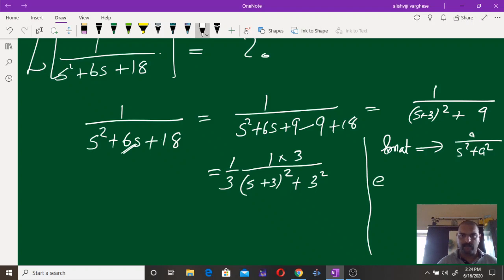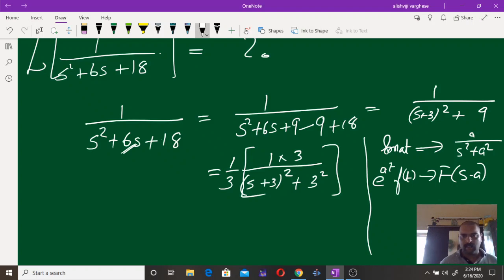And if we take the concept of the shifting theorem, e raised to at into f of t has the Laplace transform F of s minus a, that is, s is replaced with s minus a. So here, if you observe closely, this expression is nothing but the Laplace transform of sine 3t, in which s is replaced with s minus minus 3.